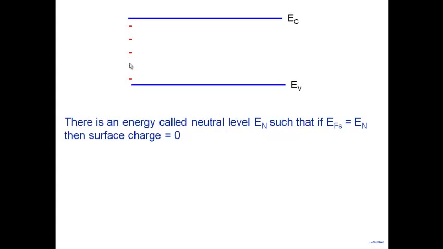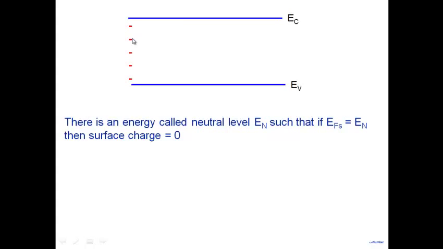So that's why we call these states surface states. Now, surface states can be of various kinds. I can have a surface state which is donor-like. Donor-like means if it is occupied with an electron, it's neutral. On the other hand, if it is not occupied by an electron, it is positively charged. That's what a donor is, right?